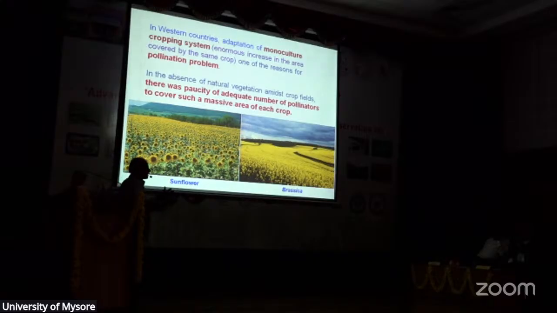So you rent honeybee colonies from beekeepers and keep them in these fields during flowering, and afterwards, of course, they will take them back. Beekeepers' income from renting honeybee colonies for pollination services was much more than what they got from honey. So they used honeybee colonies as mobile pollination units. They used to carry the honeybees in huge trucks wherever the crop required them.